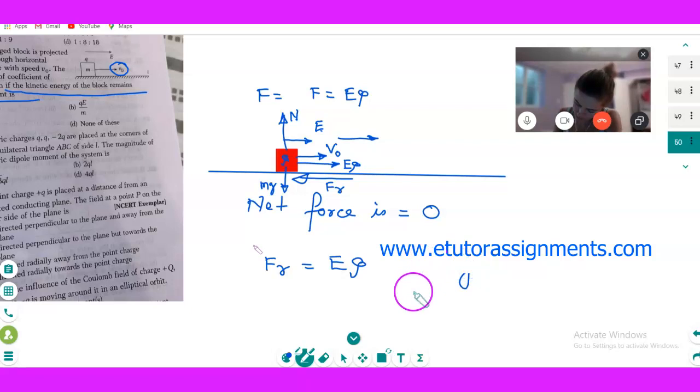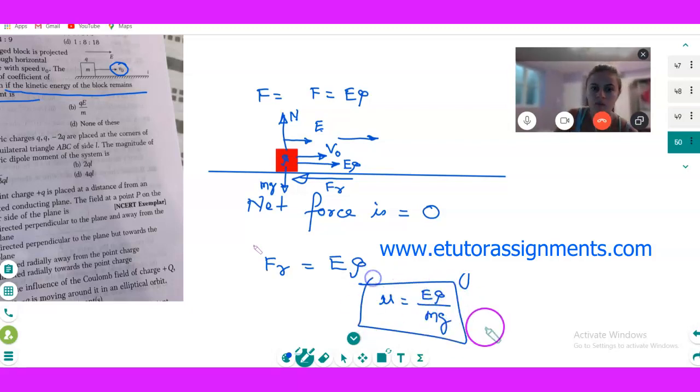You are required to calculate mu. So mu is equal to EQ divided by mg. Very good. See, so nice questions. Very good questions.